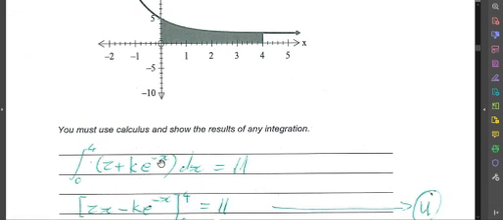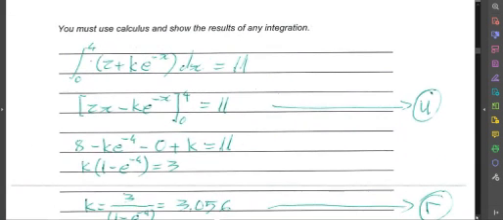Integral of k e to the power of negative x is what? k stays k. e to the power of minus x is e to the power of negative x. And negative x differentiated is negative 1. So that's why I've got this negative here. All right, all good? From 0 to 4, and all that is equal to 11.